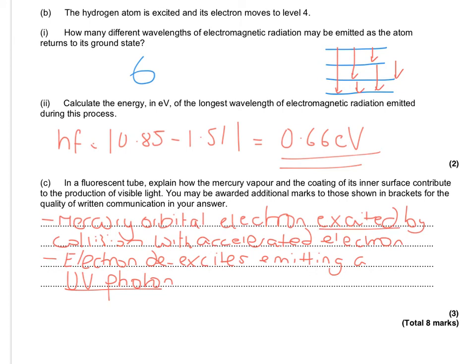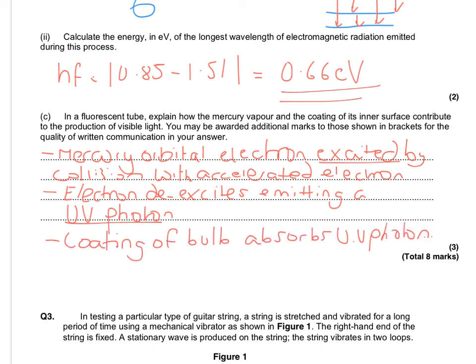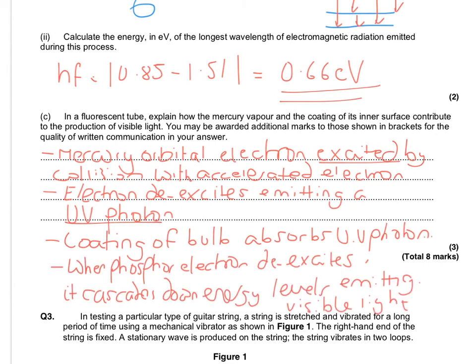Just as in the previous one, you need to talk about the process of excitation. Okay, so then the next part is the coating of the bulb absorbs this UV photon. So that's the third stage, and then when the coating de-excites, it emits visible light, as you have there.